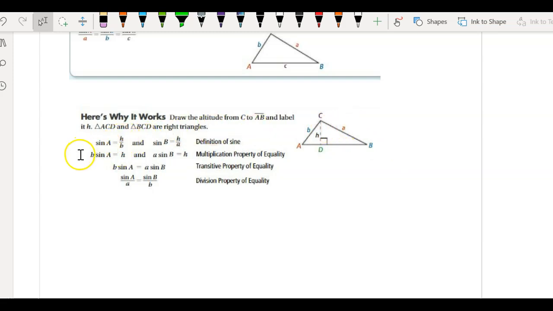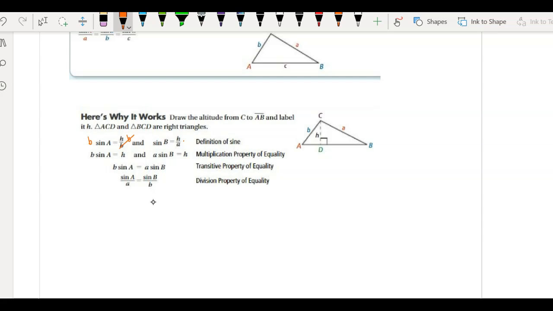So now what did they do to get to this step right here? That's right, they multiplied. On the sine of A is equal to h over b, they multiply both sides by b. And then the b canceled out, leaving you with b times the sine of A is equal to h. And then over here, what do we multiply by?